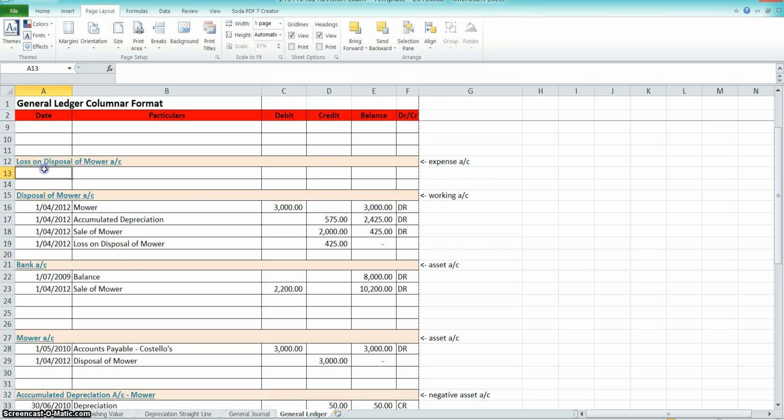And then above here we've got the loss on disposal account, which is where we put the debit side, so $425 debit. That's a balance of $425. So this loss on disposal of mower is an expense account. So that would sit in your income statement as one of your expenses.